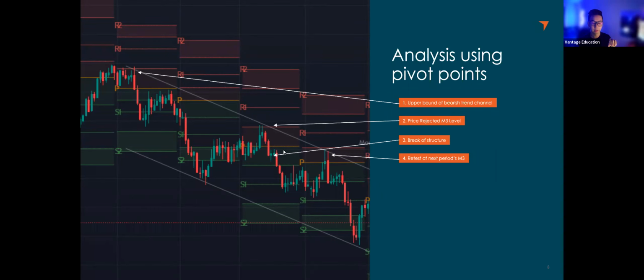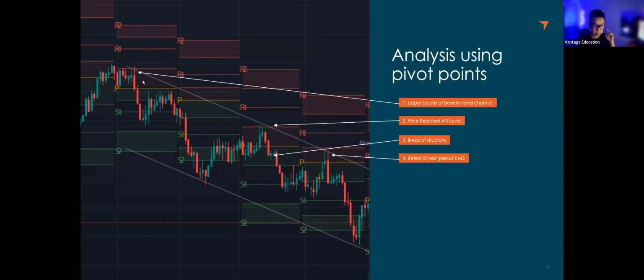And then if you look at the next period's M3, that's where the ideal entry would be to enter again. And similarly for a bullish trend, the middle point, we can call it M2, which is below your pivot point, will be the best entry point to enter for an uptrend.